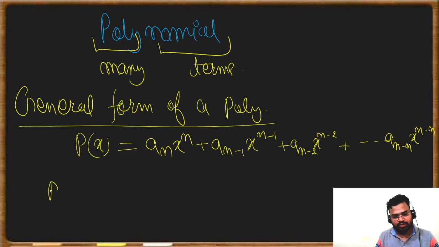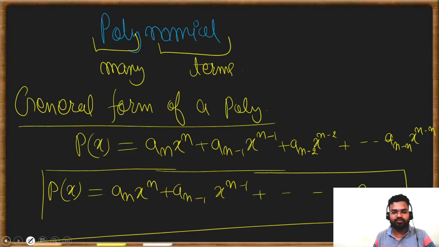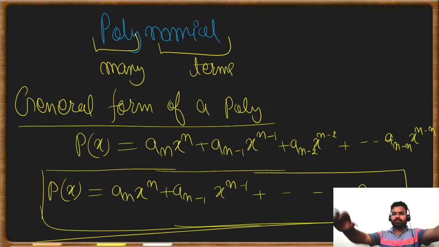You know n minus n will be 0, and anything to the power 0 is equal to 1. So children, this is the general form of a polynomial. Got it? It is clear?